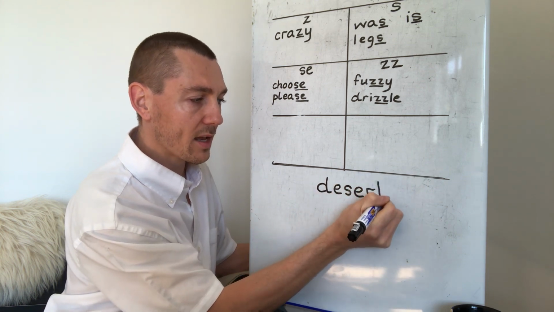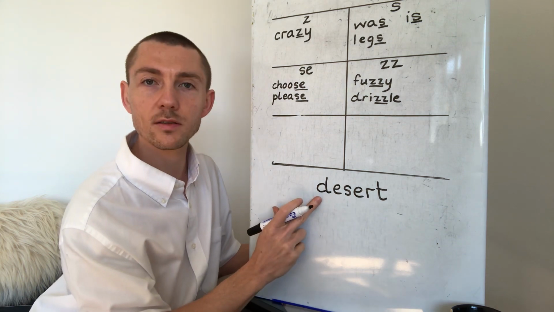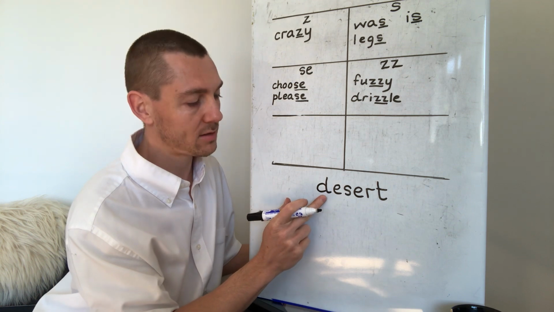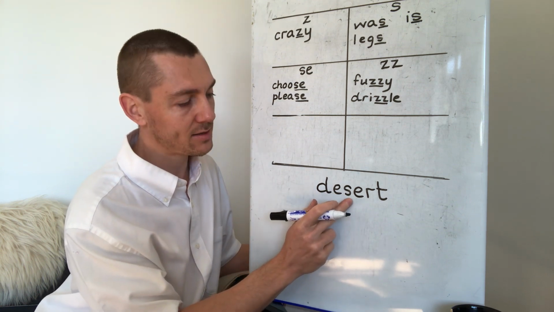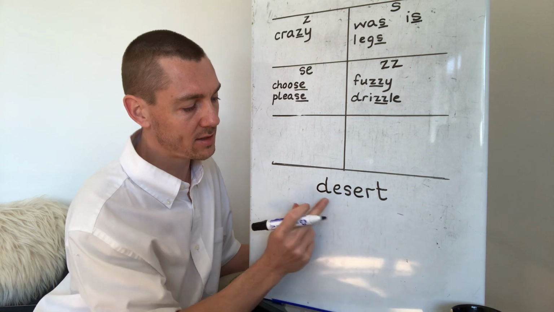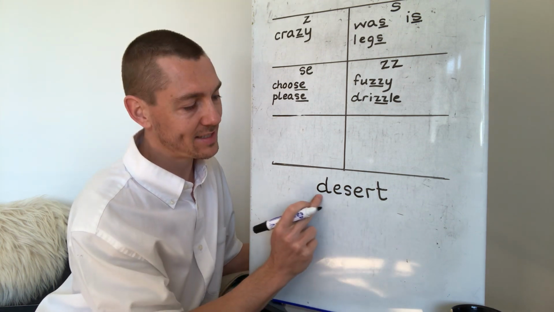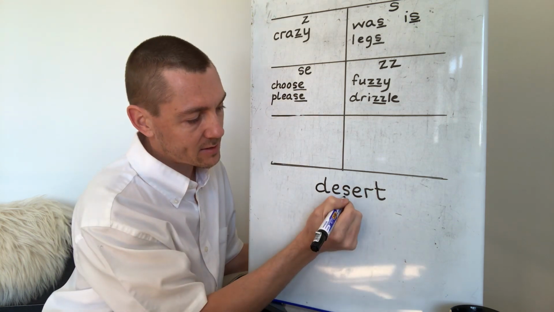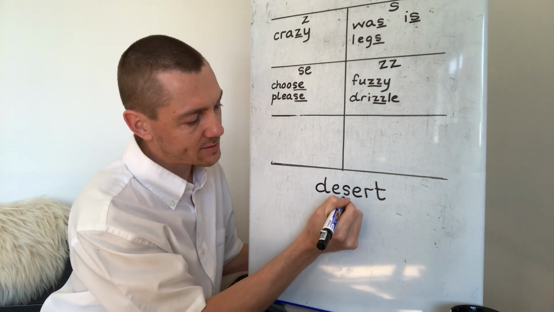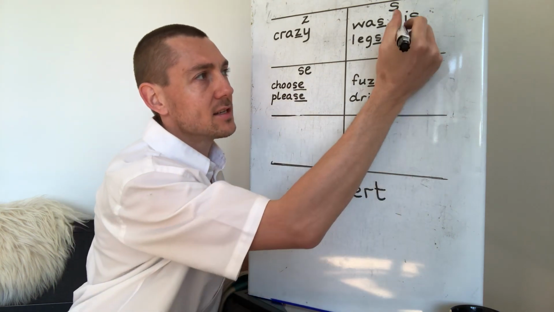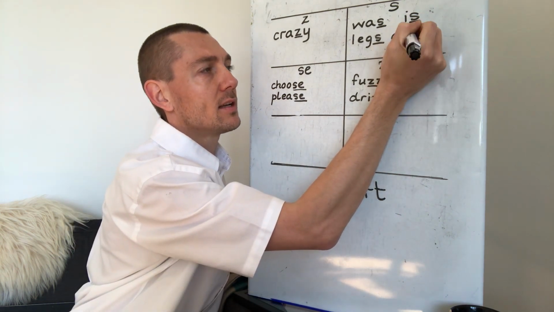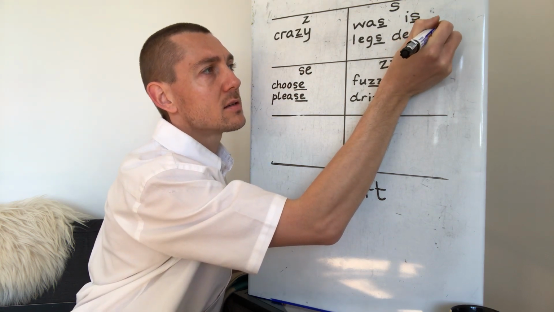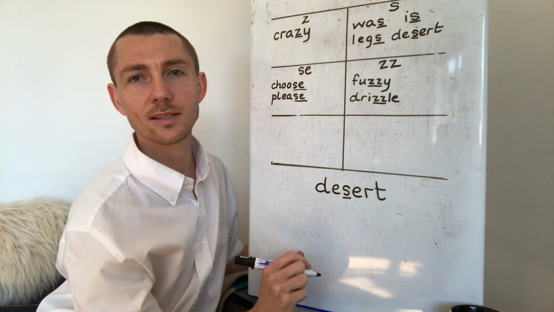And the word is 1, 2, 3. Desert. De, zert. Desert. And we have the S spelling, you're right. De, zert, desert.